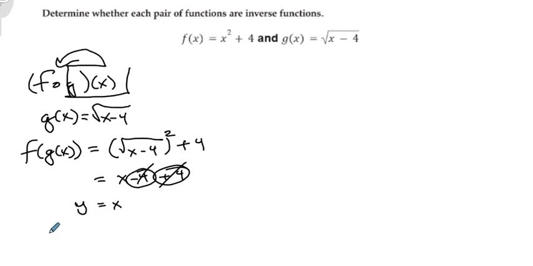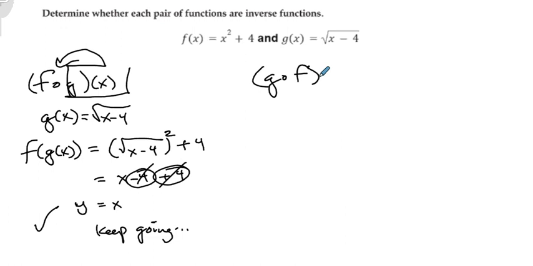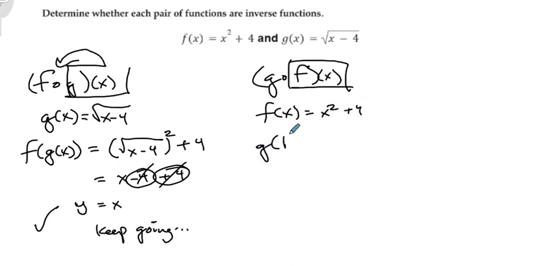All right, so far we're in good shape, so we're going to keep going. And so now we will do g of f of x. We're going to start by writing our f of x down first. So f of x is x squared plus 4. And now we are going to put that into g of x for x.